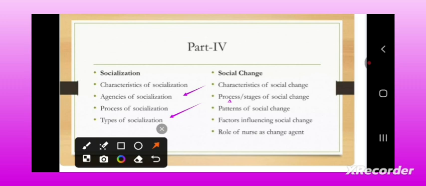Identification: the unconscious process of adopting the characteristics of someone they admire or want to be like. Reward and punishment: using positive reinforcement such as praise and gifts, or negative reinforcement such as scolding and discipline, to guide behavior into socially acceptable patterns. So, the process of socialization: imitation, suggestion, identification, reward and punishment.